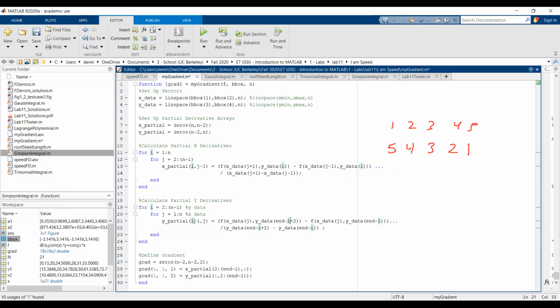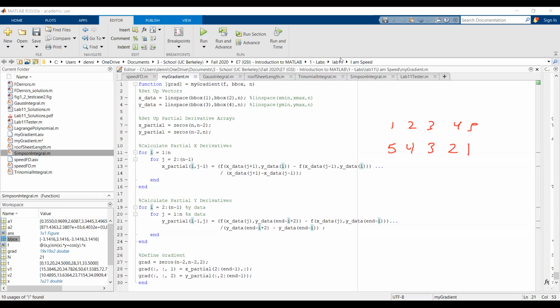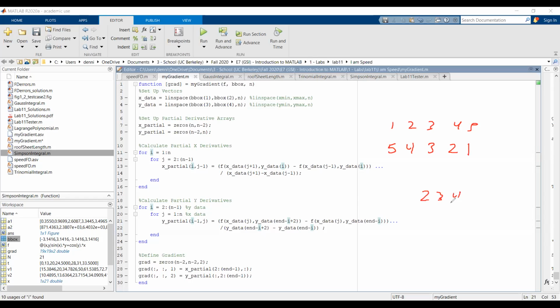Over here, this is going to start at 2, from 2 to n minus 1, so that's like 2, 3, 4. And n minus 1, let me think about this. 2, 3, 4. Isn't that like 5, 3?